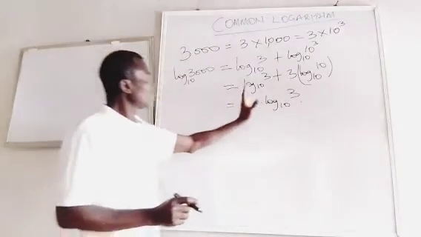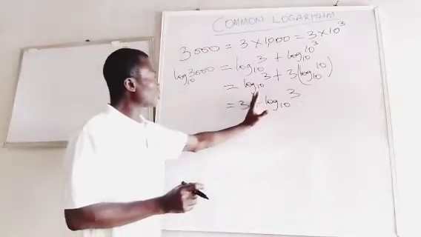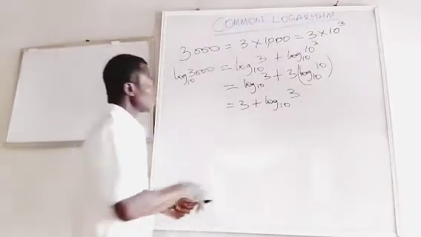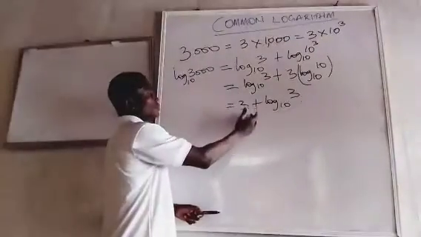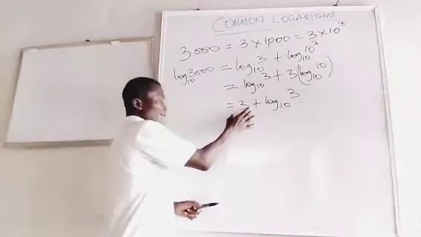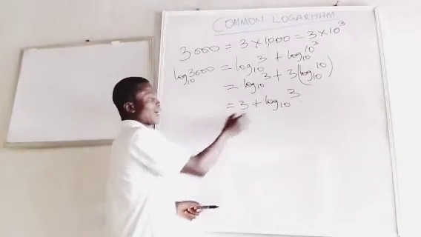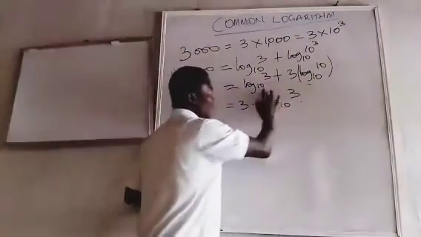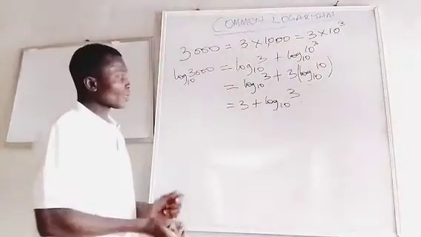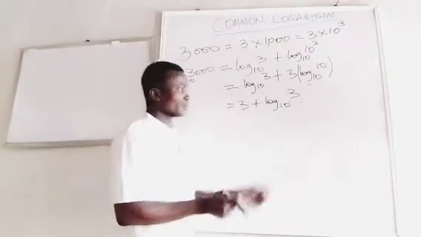That is, because we are doing it in base of 10, we are going to have some natural numbers as the powers of 10 outside. And this one we will check from the four-figure table.